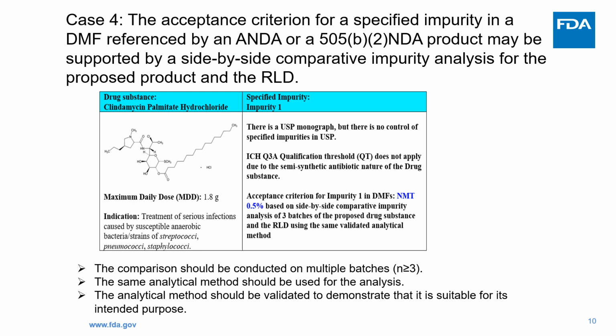It should be emphasized that the comparison should be conducted on multiple batches of the proposed product and the RLD. The same analytical method should be used for the analysis, and the analytical method should be validated to demonstrate it is suitable for its intended purpose.